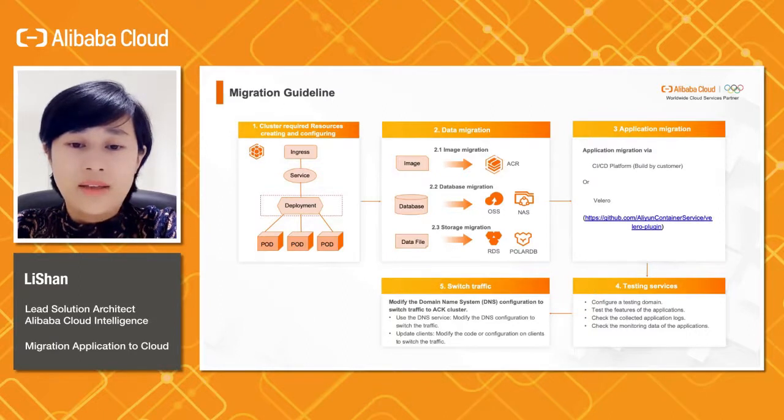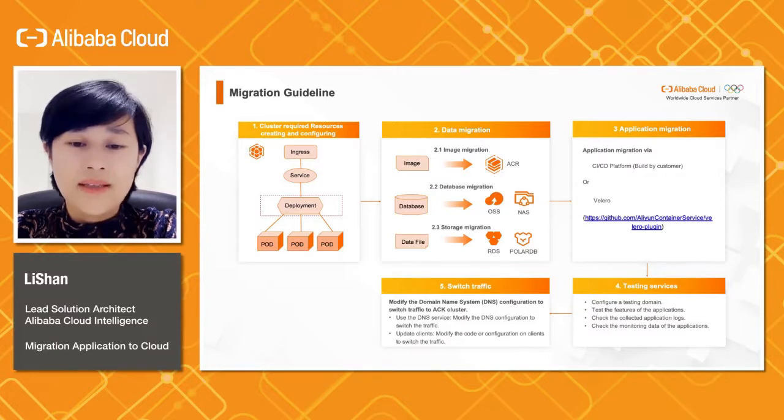Step 4, testing the application. Configure a test domain so it can be accessed. Test the features of the applications. Make sure major features work, such as connecting to the database and file storage, etc. Check that application logs can be collected. Check that cluster and application metrics can be monitored and alerted.